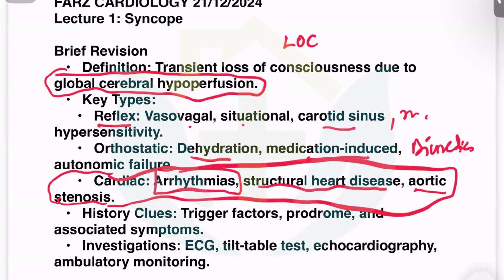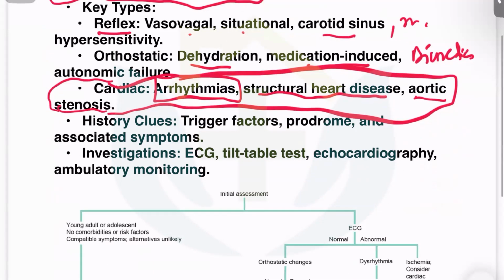Patients present with sudden cardiac arrest. Sudden cardiac arrest is a variant of syncope where the consciousness never returned. Syncope is where we know that it was just a transient loss of consciousness. Then there is aortic stenosis. History clues are important, where we need to understand trigger factors, whether a prodrome was present, or any associated symptoms.